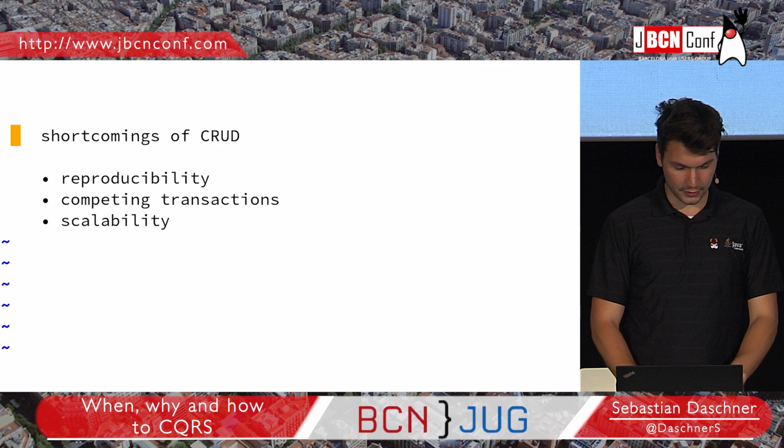And then most important, since everything is just stored in that state, and you have concurrent transactions, concurrent access from users, you have to deal with all these competing transactions, right? Two users want to change something at the same time and access your system, and so on and so forth. In order to be consistent, that's what the C in ACID stands for, you have to somehow deal with these transactions. That more or less means you have to synchronize on some level at some point, normally in the database.